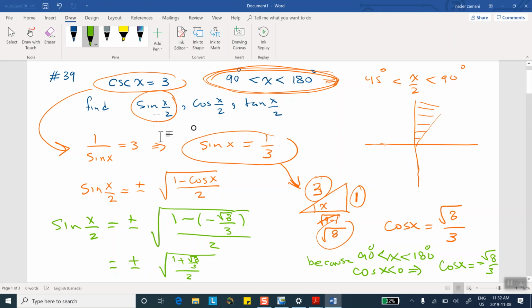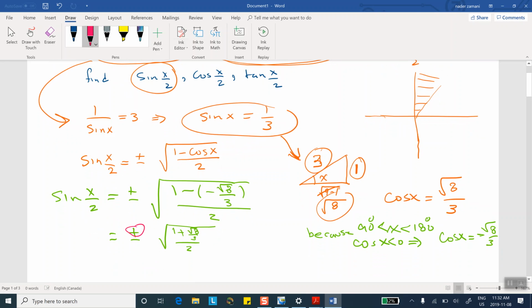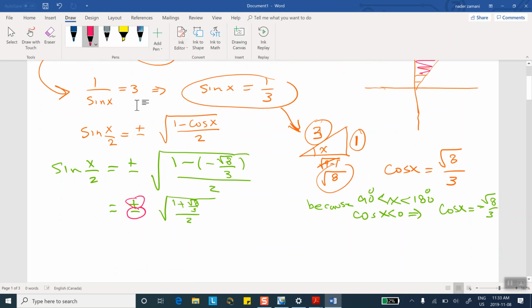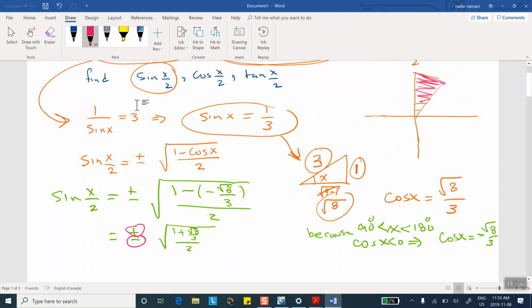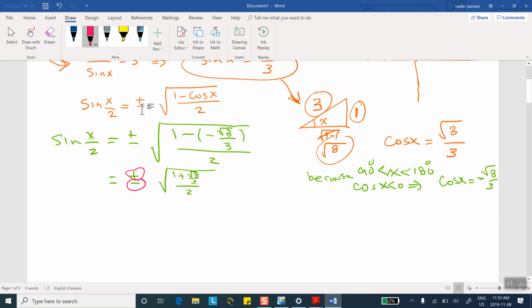Now, the question becomes, which one of these two algebraic signs do you pick? Now, notice that we said that x over 2 is in this shaded region, right? That means the sign of sine of x over 2 must be positive. Just look at any angle in that shaded red region, its sine is positive.